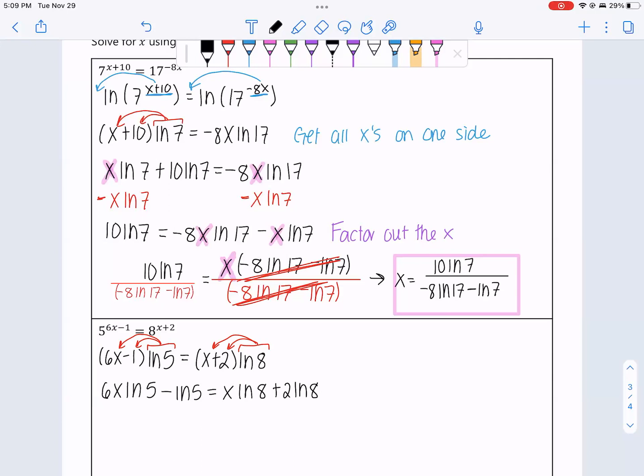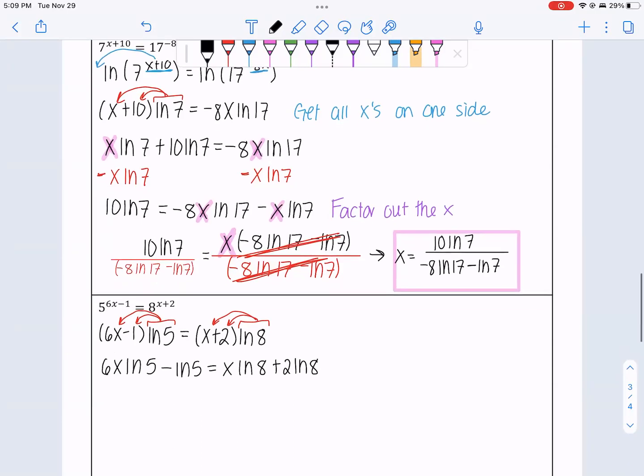We want all x's on one side, everything without an x on the other. So I am going to move this guy, x ln 8, over here. And then I will move the ln 5 to the other side as well.